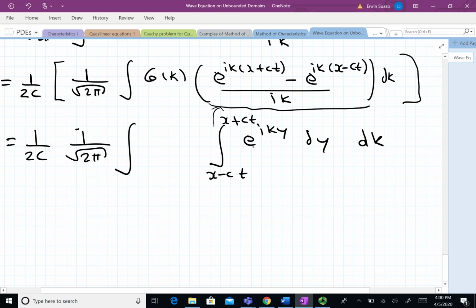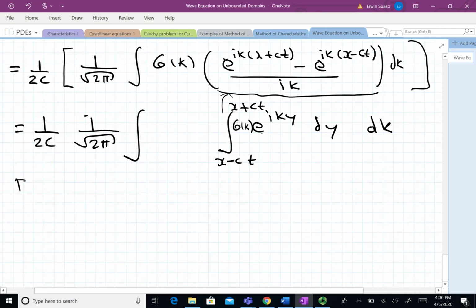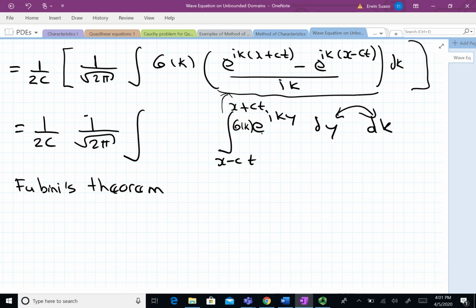So let's put G(k) here. And now we're going to use again Fubini's theorem that you saw in calculus 3, that says you can interchange these two integrations if the whole integral exists, and we are assuming the solution exists. So this integral exists.